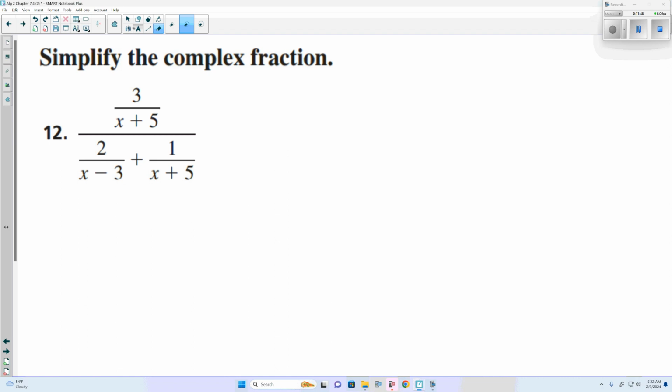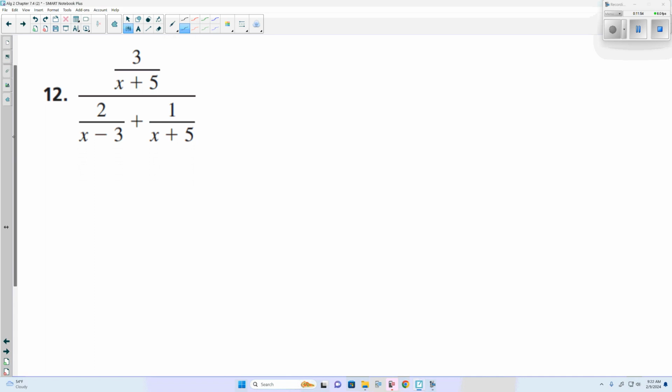We're going to start off with where we left off yesterday. Simplify the complex fraction. Again, we're looking for the least common denominator. We're looking for what we need to multiply this by to get the fractions in the top and bottom to simplify out completely.